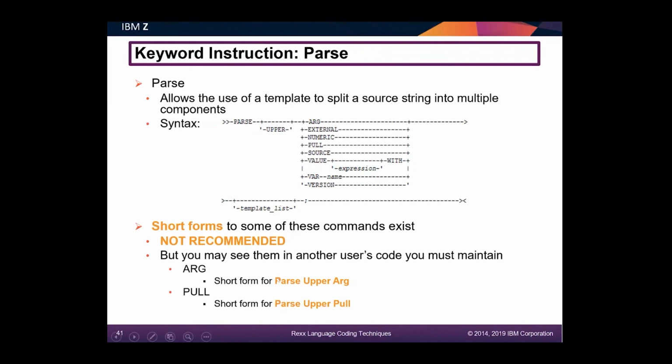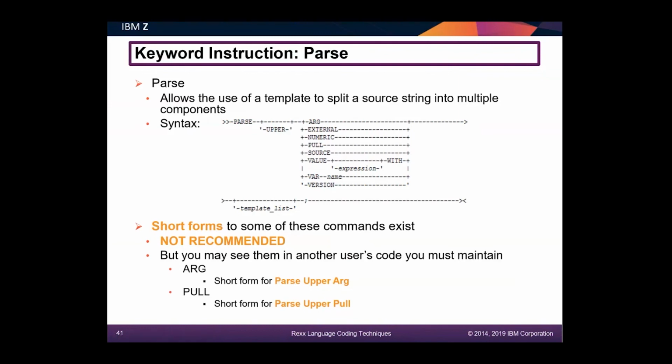So I always say you should specify exactly what you mean, and you should use parse upper arg and parse upper pull if that's what you want. If you do not want to uppercase it, then you just say parse arg or parse pull. You leave out the word upper. But I'm just cautioning you, if you're reading somebody else's program and you just see this very simple statement, arg or pull, it's really the short form for uppercasing the text first.